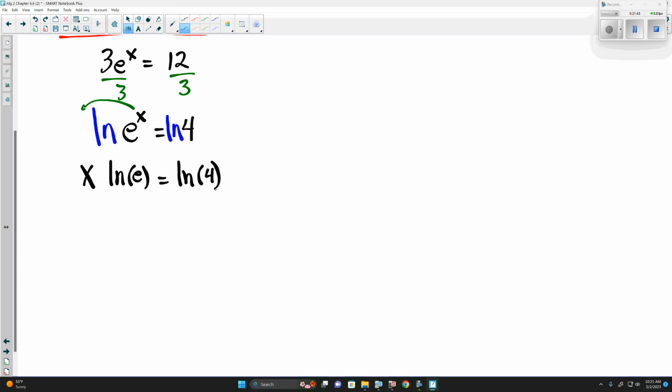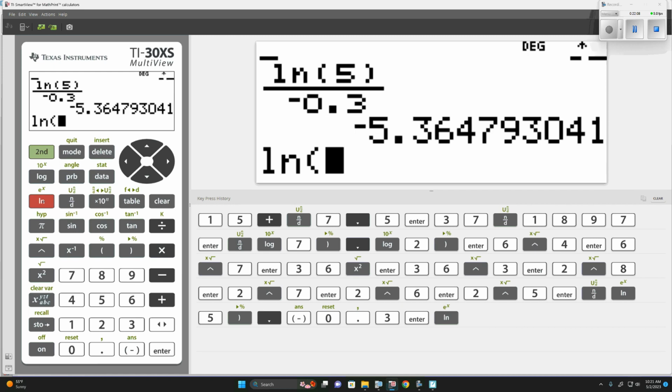And we know the natural log of e is 1. Because it does simplify out, leaving us with x is equal to the natural log of 4. And at this point here, we can just plug it into the calculator.